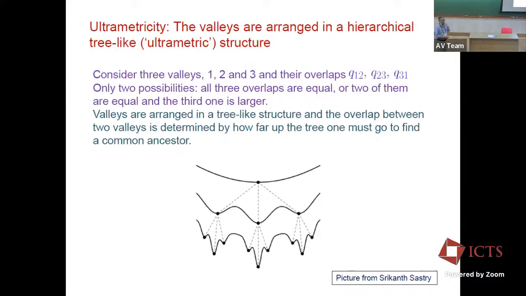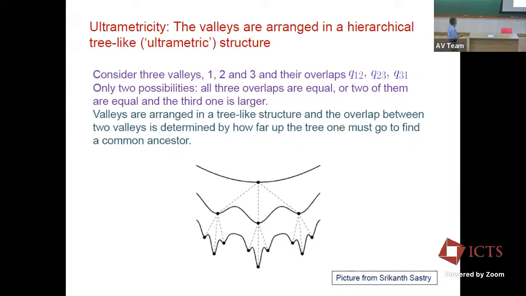That requires only 1 step. That tells you that the overlap between these 2 will be larger than the overlap between these 2. If the number of steps that I have to take to find a common ancestor increases, that basically means that the overlap decreases.